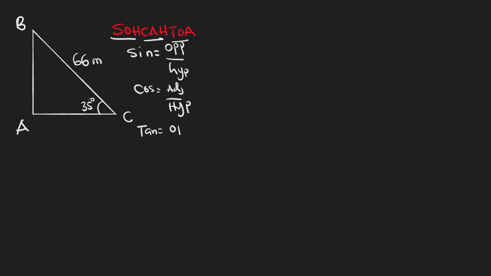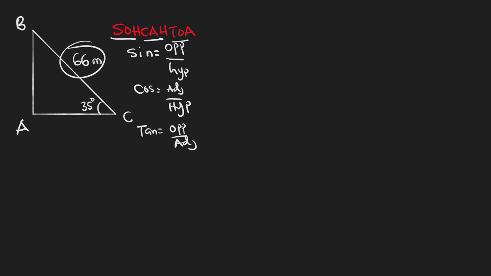So now it's left for us to know what we are looking for. What we are looking for and what we already have will help us to detect whether to use sine, cosine, or tan. Of course, we are looking for line AB and our hypotenuse has been given.